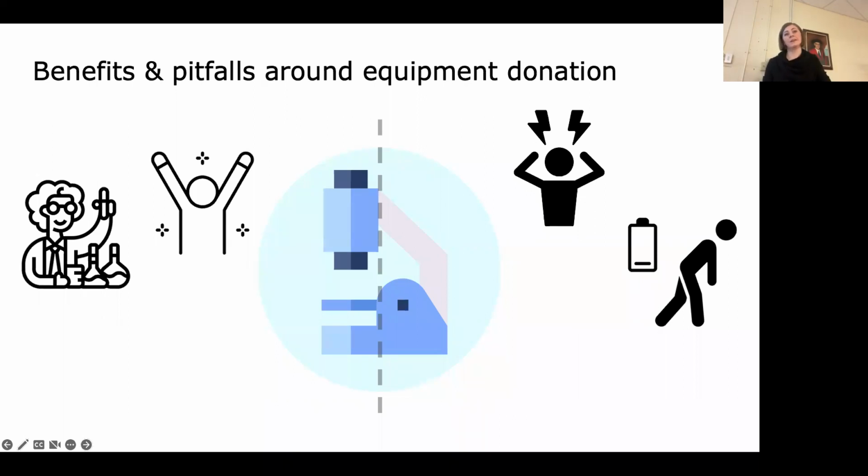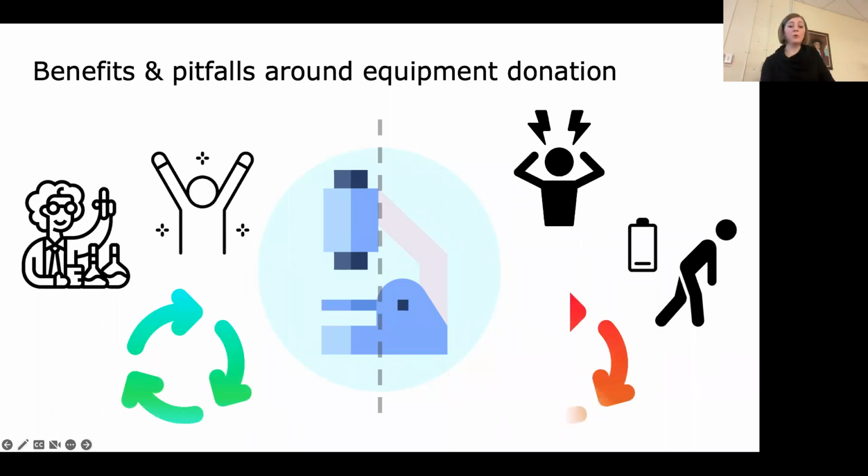And funders, if they see equipment has been donated, it hasn't been used, and we don't see development of research around the technology, they are unlikely to support applications requesting access to similar technology in the future. So we have the possibility of either a virtuous cycle that's really supporting and developing research, or a cycle of demotivation and frustration.